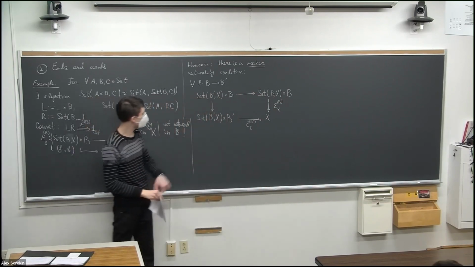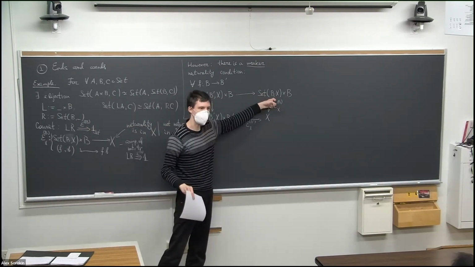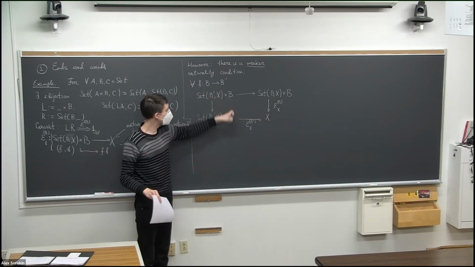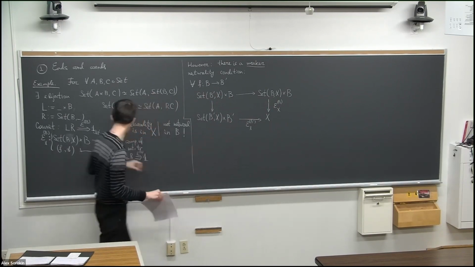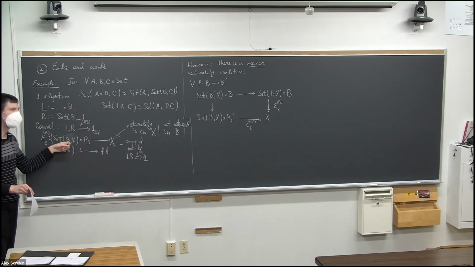One morphism changes B prime to B in a contravariant way. Another changes B to B prime in a covariant way. So here you can observe that the second B is covariant and the first is contravariant, as the first is standing in the spot of a contravariant variable in a hom set of functions.